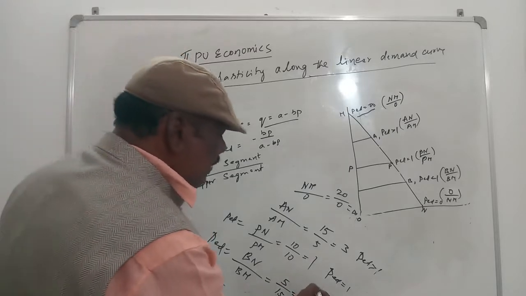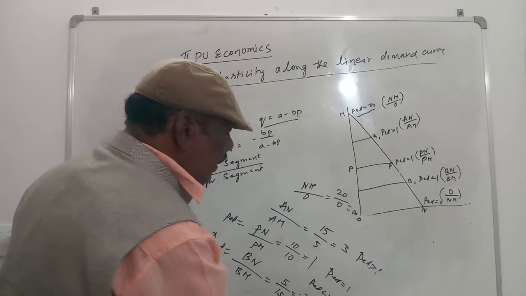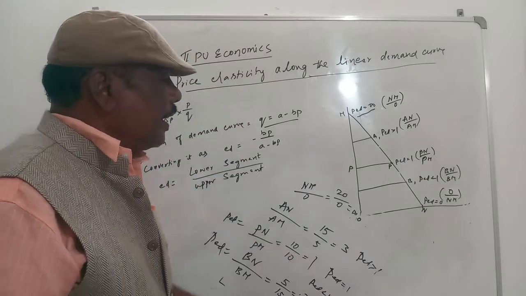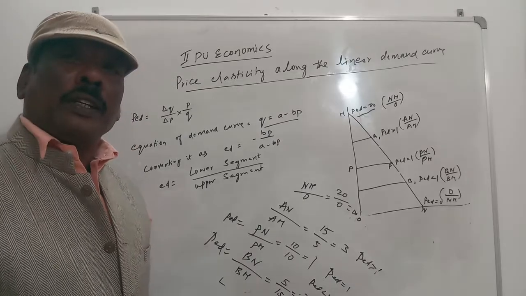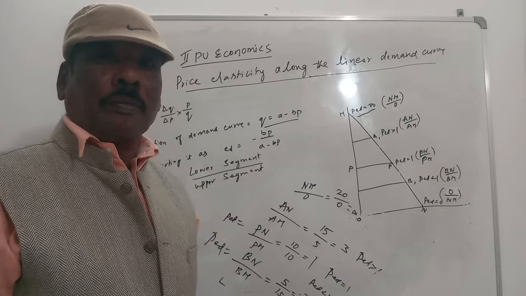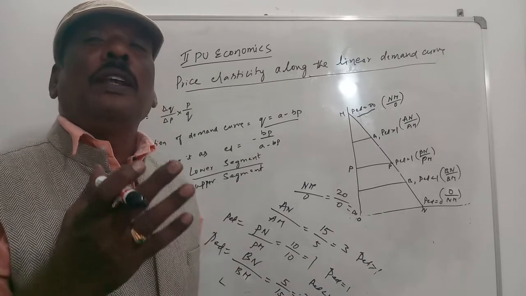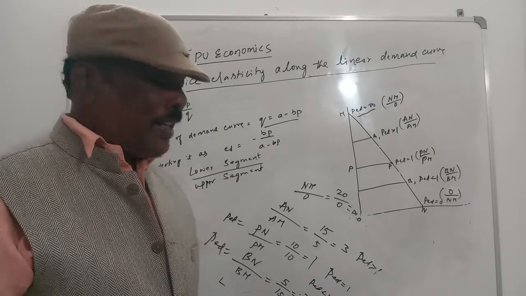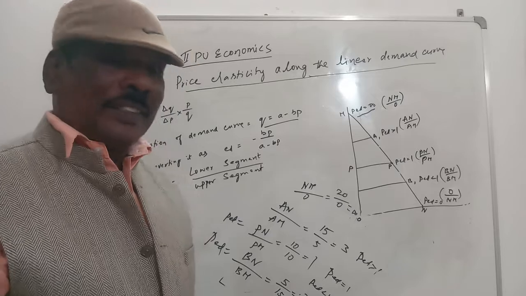That means it is lesser than 1. Here it is greater than 1. That means a change in price will lead to a smaller change in demand. If there is a 10% change in price, there will be only 5% change in demand. And this is called relatively inelastic.